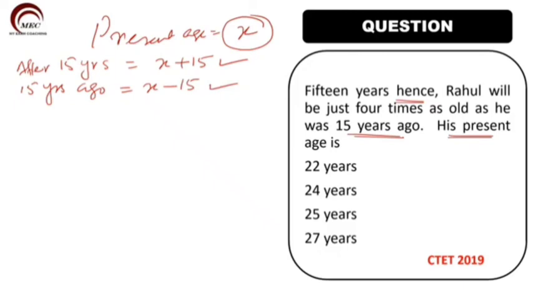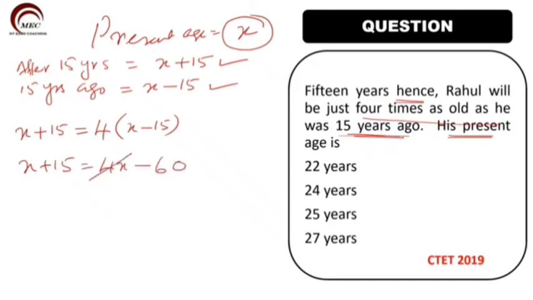And what is given? Rahul will be just 4 times as old as he was 15 years ago. This value, x plus 15, will be equal to just 4 times of x minus 15. So x plus 15 is equal to 4x minus 60.